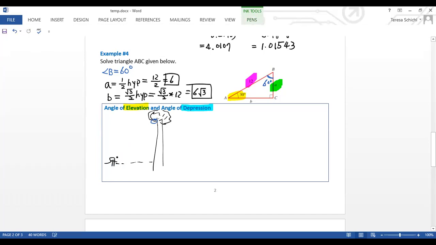You look up to this bird nest. Your eyesight and the horizontal ground form an angle here. This is what we call the angle of elevation.